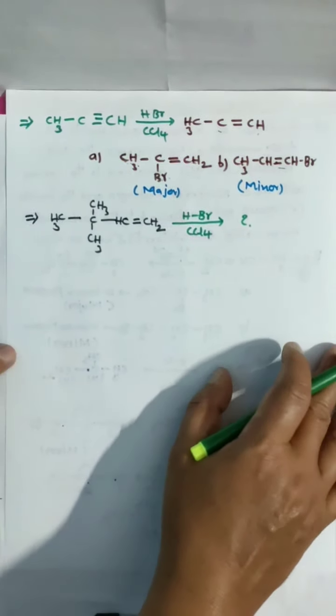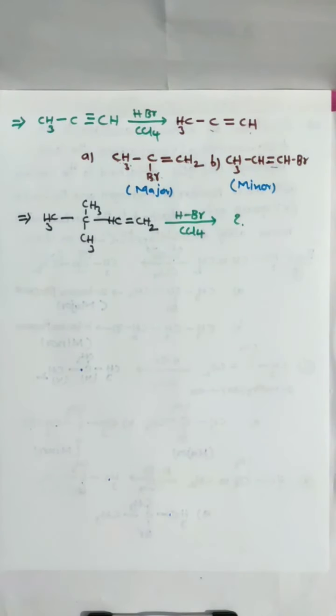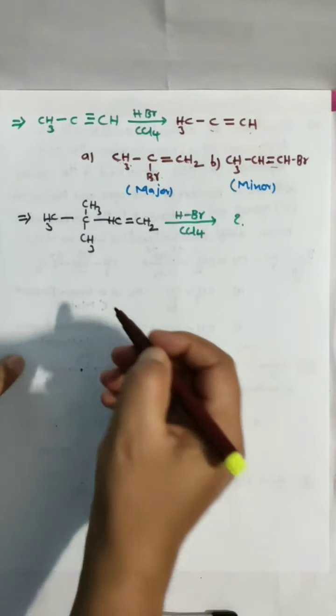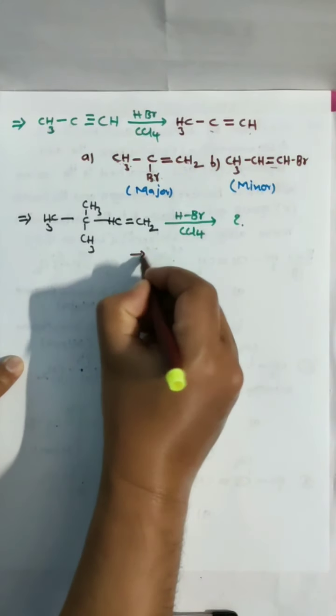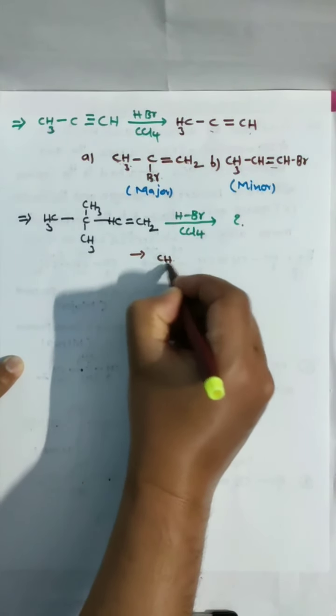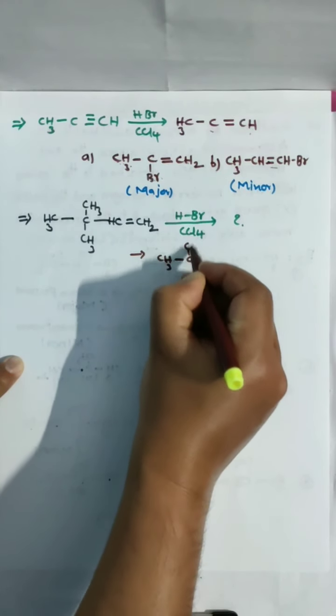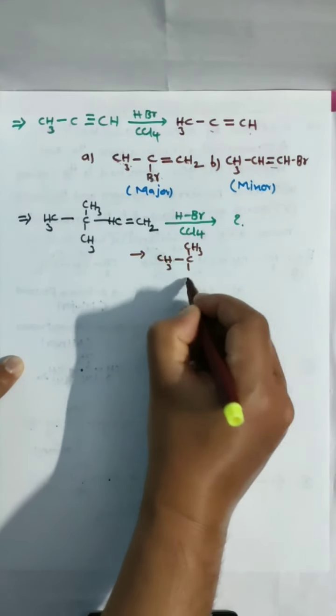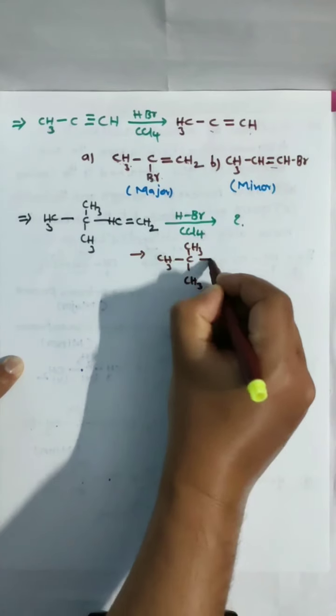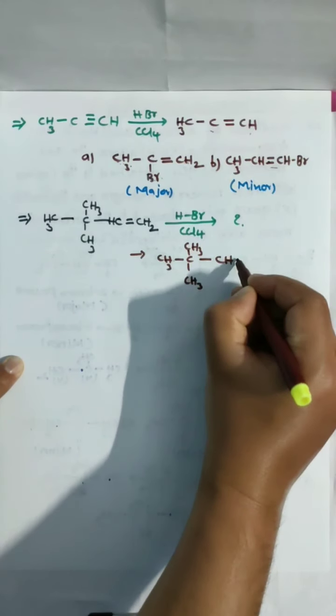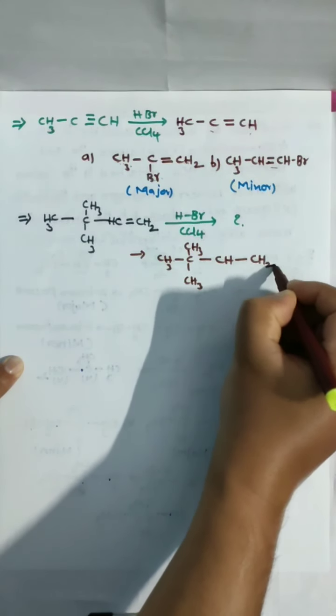Or which is the major product? Now first I am breaking the double bond. When I break the double bond, what am I getting? CH3 bond C, CH3 bond, CH3 bond, CH, single bond, CH2.